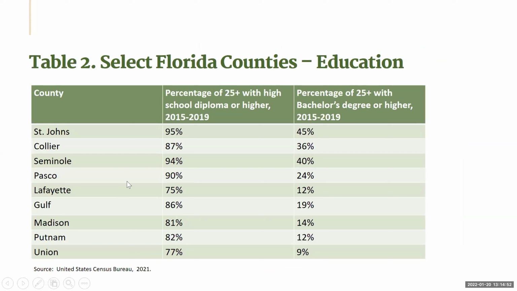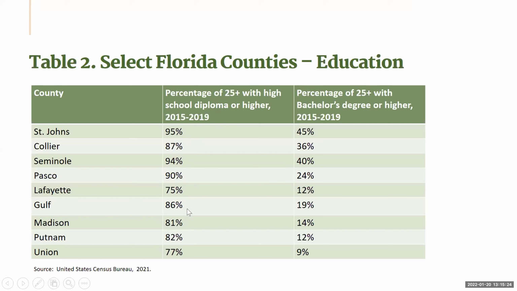In table 2, we take a look at a social and economic determinant of health, which is education. For St. Johns County, the percentage of residents who have a high school diploma or higher is 95%. That doesn't vary much in these top 3 counties: 87, 94, and 95.